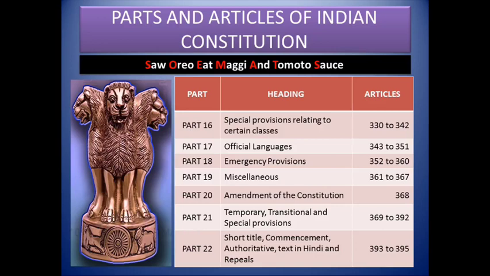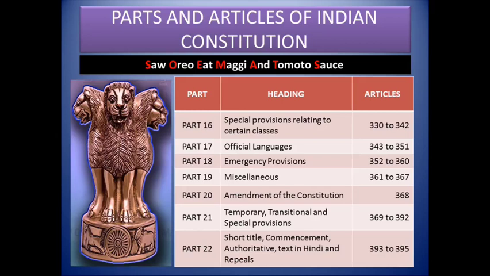Or even, I saw Oreo biscuit is there on the table, but I eat Maggi noodles and tomato sauce. This is the tip. So that is part 16, special provisions relating to certain classes.